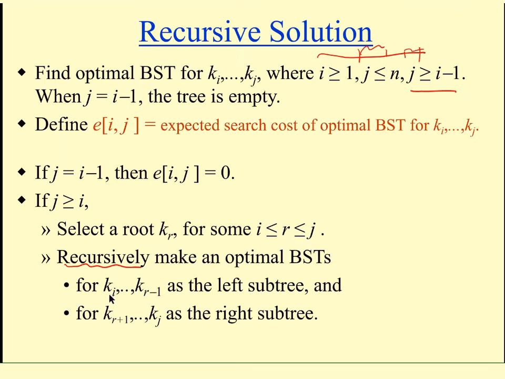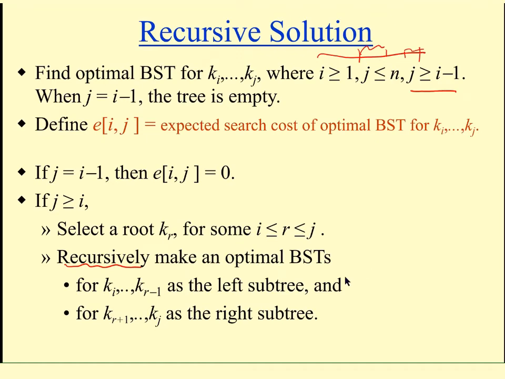So recursively make an optimal BST for the left subtree as well as for the right subtree. This is the structure of your pseudocode, and you solve it in this way.